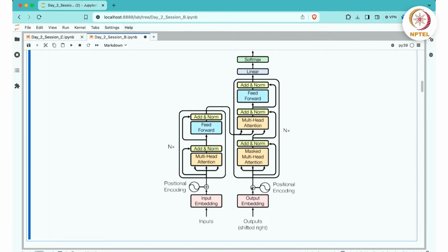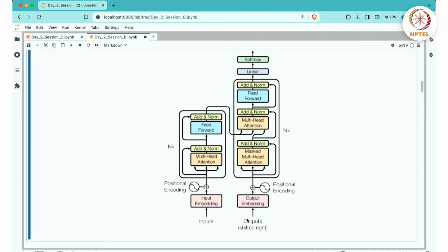Because this was a machine translation architecture and it's a generation model, it generates auto-regressively, which is you first generate the first word, then that becomes an input to the model again, and you generate the second word in the decoding phase.